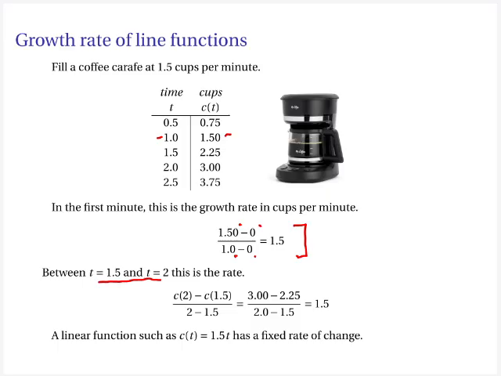So if you take 2 and 1.5, there's the change in c and there's the change in t. You get the same rate. So the point here is that a linear function such as the one I'm looking at here has a fixed rate of change. The change in c is the same no matter whether you measure that change between time 1 and time 0, or between time 1.5 and time 2, or between time 200 and time 319. You're always going to get a rate of 1.5.